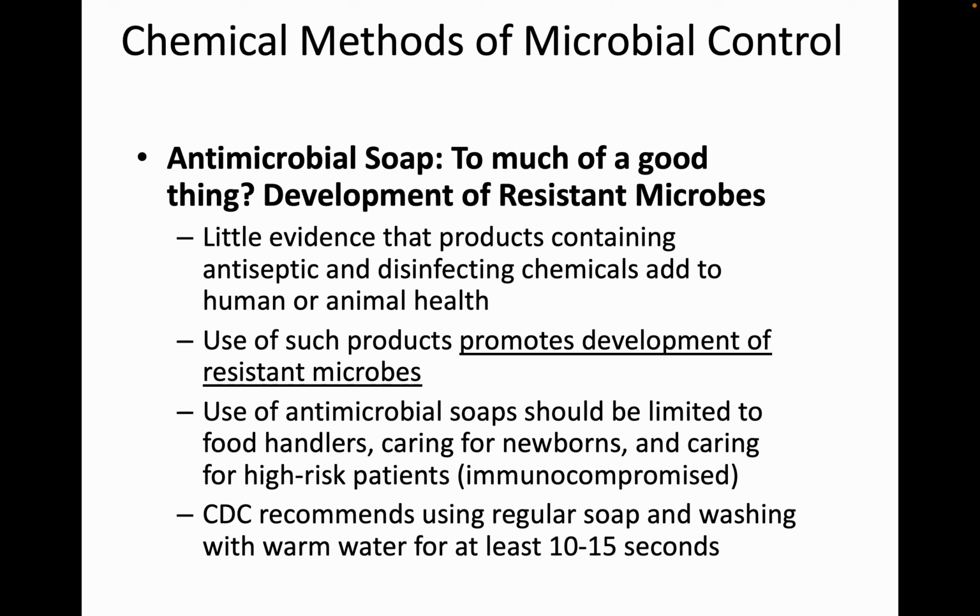Use of antimicrobial soap should be limited to food handlers, people caring for newborns, or people caring for high-risk patients like immunocompromised people. The CDC recommends using regular soap and washing with warm water for at least 10 to 15 seconds.